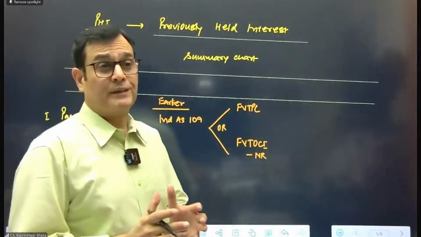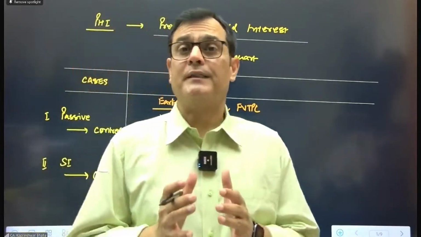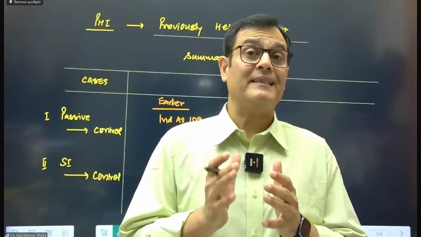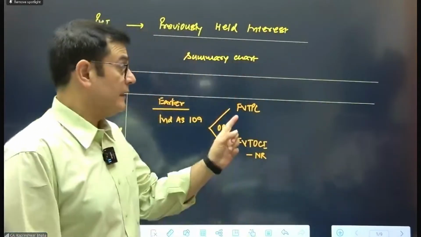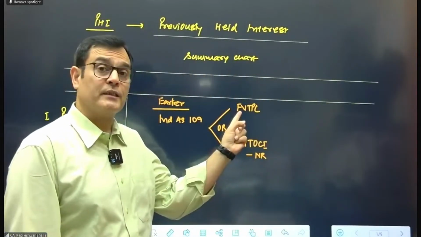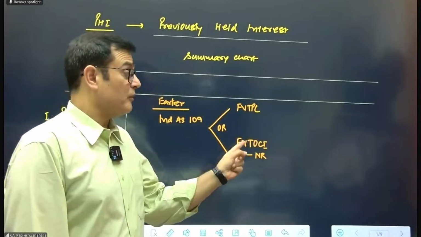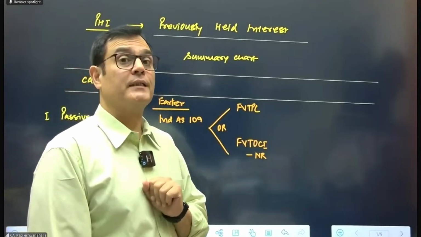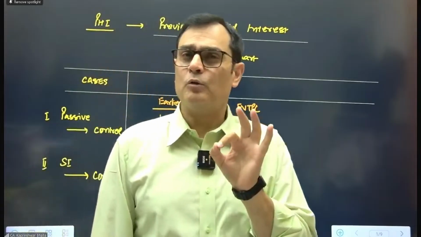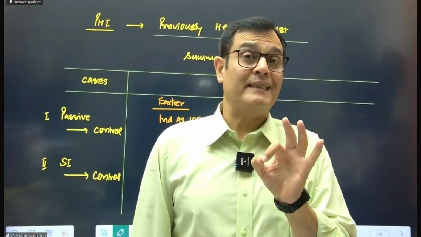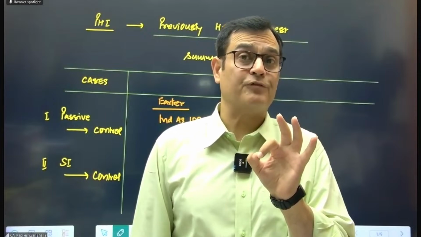One thing is very clear: the PHI is going to be updated at a fair value. When you update it at a fair value, any fair value gain or loss in the first case enters the P&L, and any fair value changes in the second case will enter the OCI. So it's important to identify the existing accounting, because you are going to update the previously held interest at a fair value.